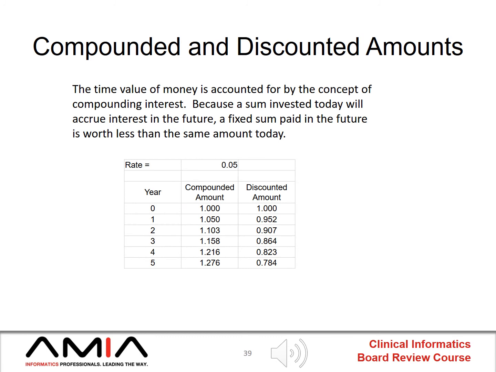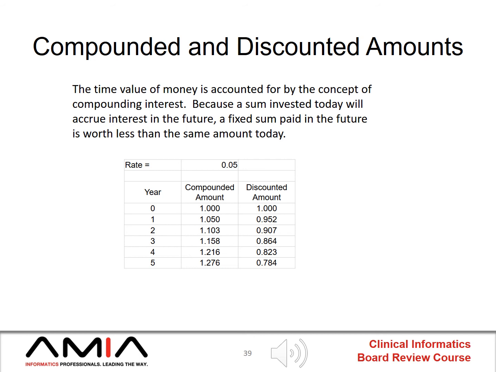These principles are based on a very simple concept, and if you look at the basics, you'll find that it boils down to the fact that the time value of money is accounted for by the concept of compounding interest.